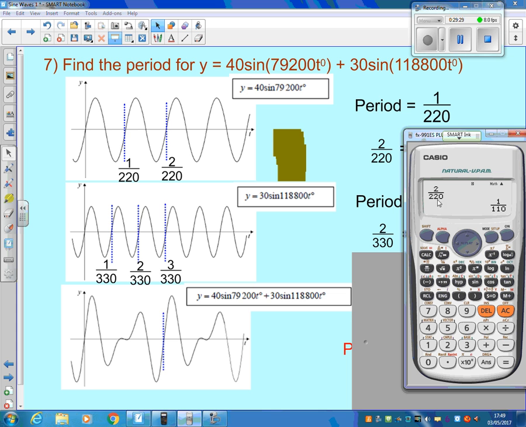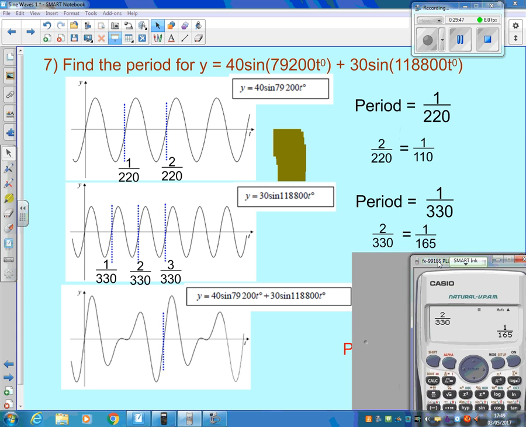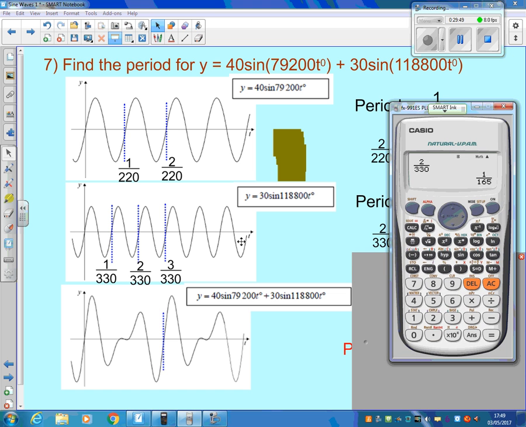It's easier to do it again from the start. 2 over 330 equals 1 over 165, so that cancels to 1 over 165, and then if instead I do 3 over 330 equals, do you see it comes to 1 over 110 again?